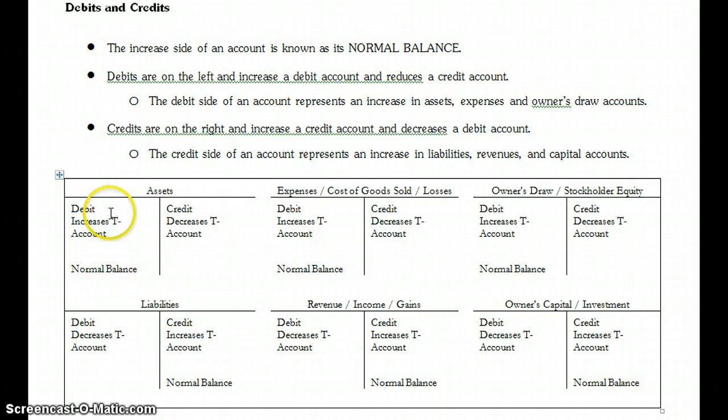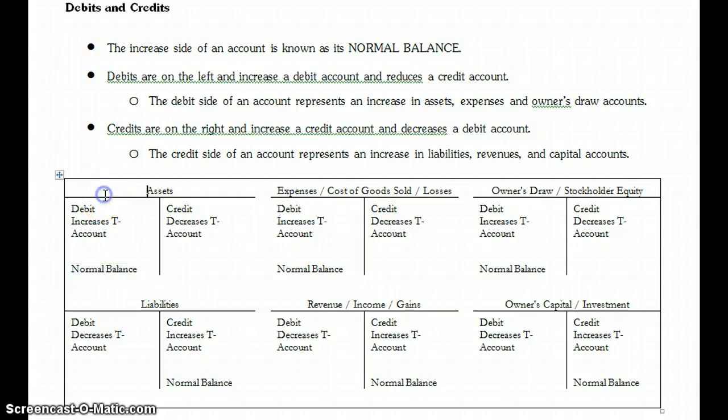When you're making a transaction on your T account, you have to use one of these accounts. You have to use a debit side and you have to use a credit side. But just because this says it's a normal balance does not mean we're not going to use this credit side.